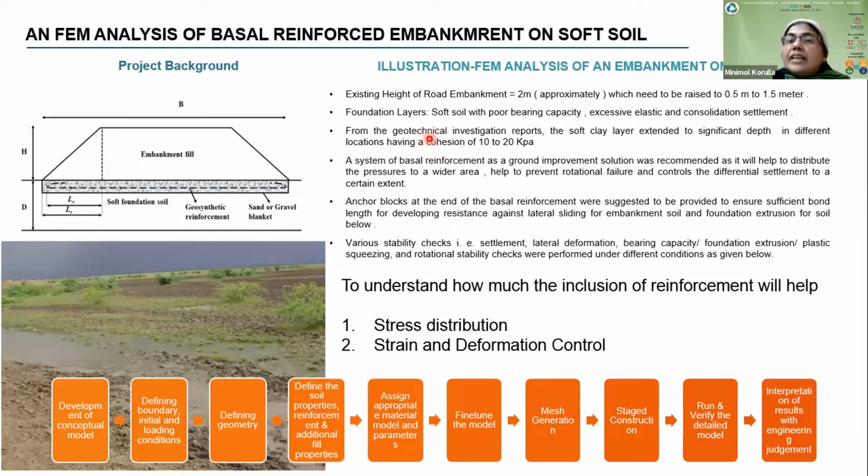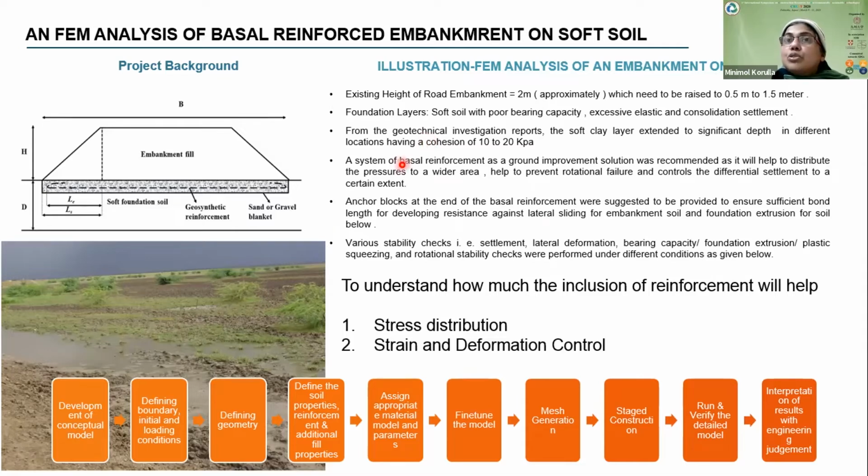Definitely there is enough potential for excessive elastic and consolidation settlement. The biggest challenge will be to arrive at stability against rotational movement, as well as to prevent the lateral extrusion of the clay underlying the embankment soil.